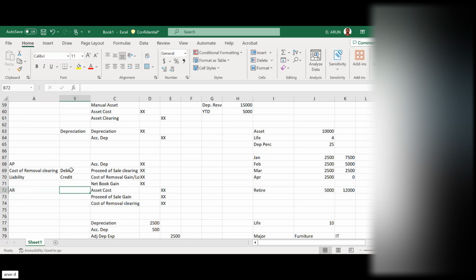At the AR end, I will have the cash receipt. Let's say the cash receipt is debit and we will have the proceeds of sales at the credit side, in the clearing account.